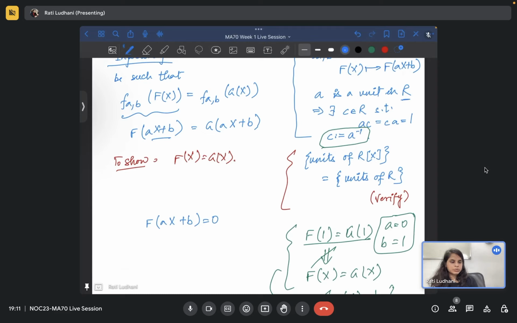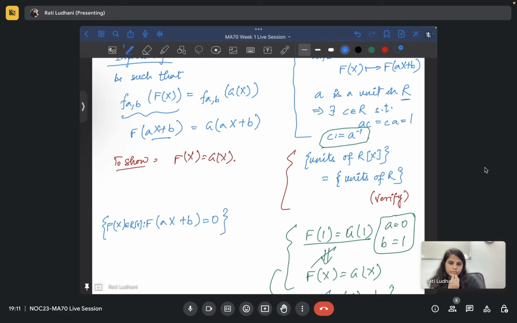f(ax) plus b is equal to 0. So you want this set. You need to find all those f(x) belonging to R[x] such that f(ax plus b) is equal to 0. Now if you consider the highest coefficient in the resulting polynomial, that would be some constant times some unit.